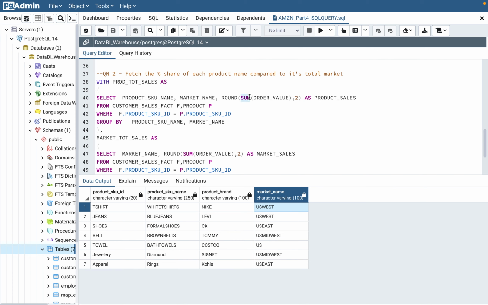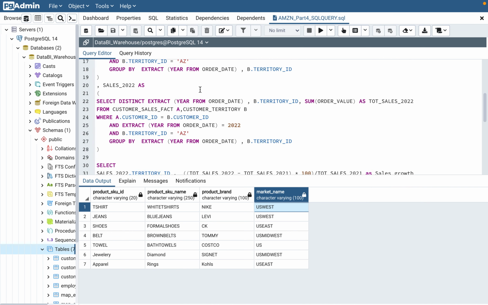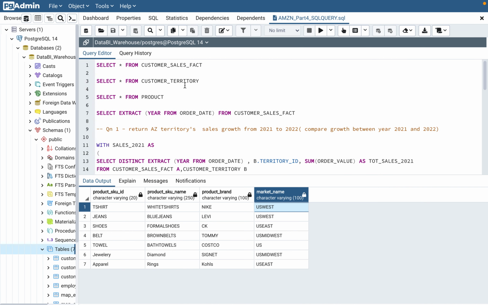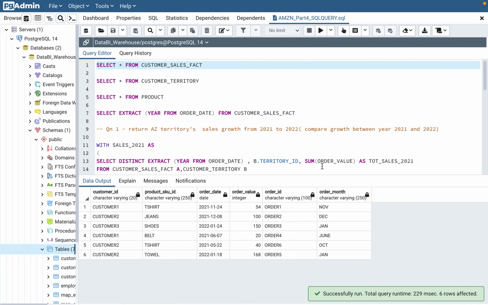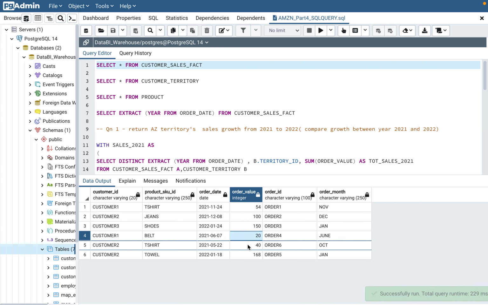And here, round sum of order value to 2 decimal places. This is another good learning: if you see the data of the customer sales fact order table, the data is stored without a decimal point, like 54, 100, 150.